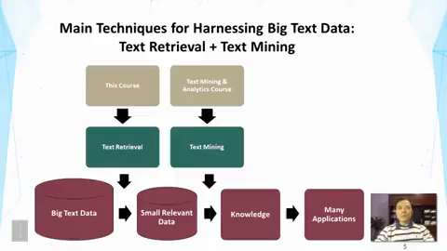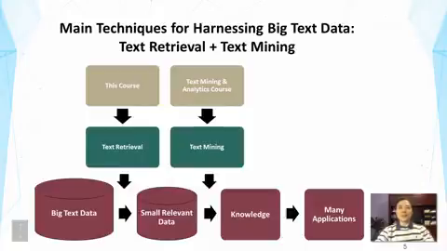So if you have not taken the text mining course in this data mining specialization series, then naturally the next step is to take that course. As this picture shows, to mine big text data, we generally need two kinds of techniques. One is text retrieval, which is covered in this course.